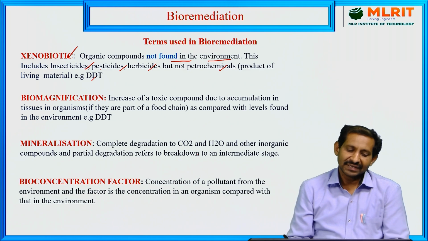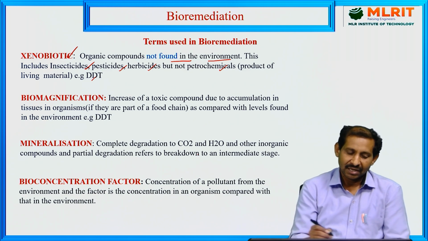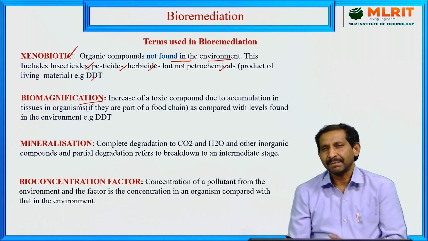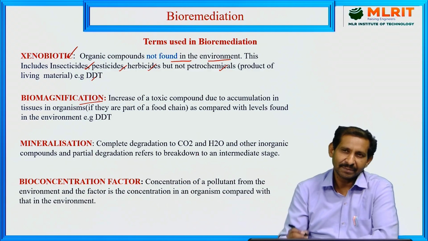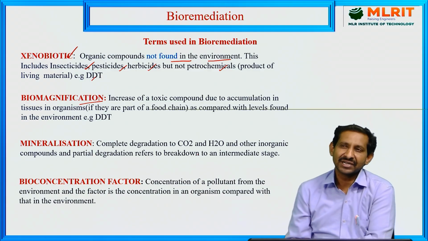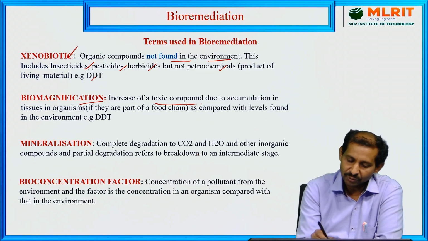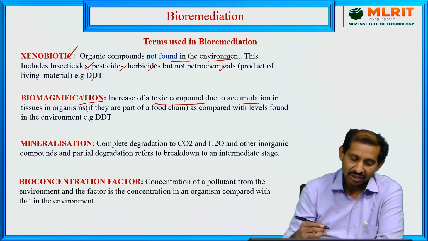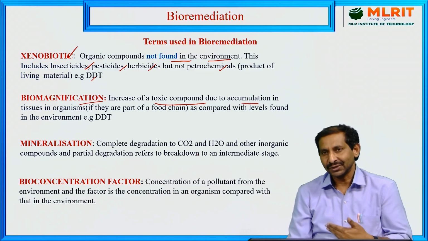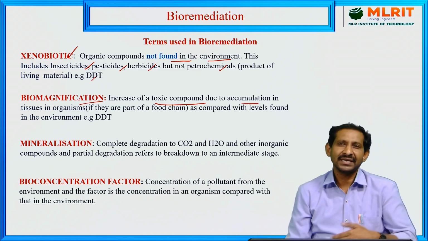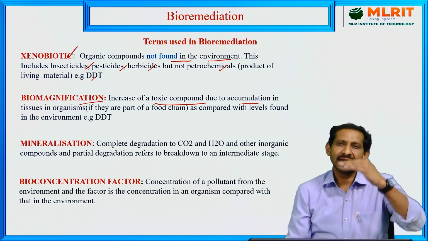So these come under the xenobiotic. Biomagnification, which we also discussed in the previous lectures, means accumulation, or increase in the concentration of toxic compounds slowly in the organism tissues. That concentration will be increasing in the higher orders of the food chain.